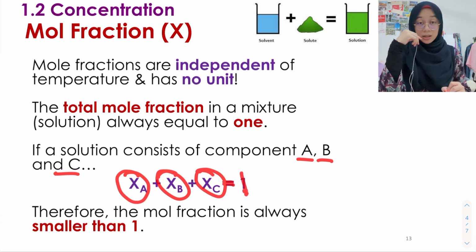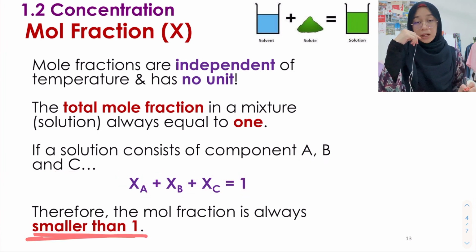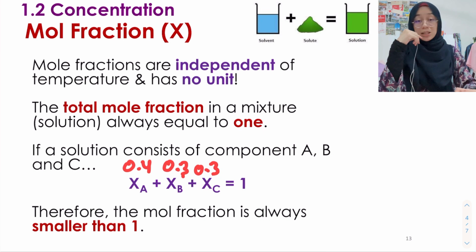It means each of the mole fractions for each component is actually less than 1. Because if A is 0.4 and B is 0.3, it means C will be 0.3 also to get a total of 1.